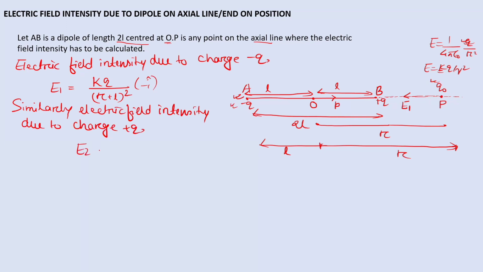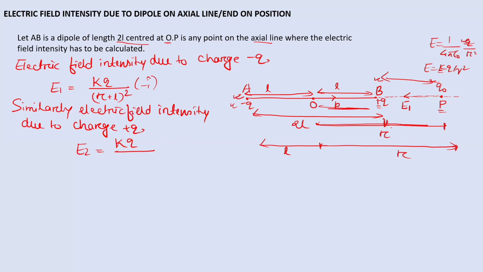So we will write this to be E2 is equal to KQ by the distance, right? So what is the distance this time? This is the plus Q charge and this is the point. So if you see in this case, the distance between this plus Q charge and the test charge is only this much, right? So you can subtract from this R, this length you can subtract.